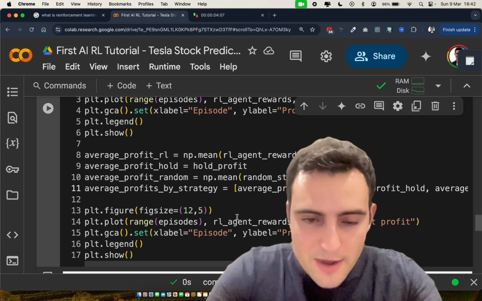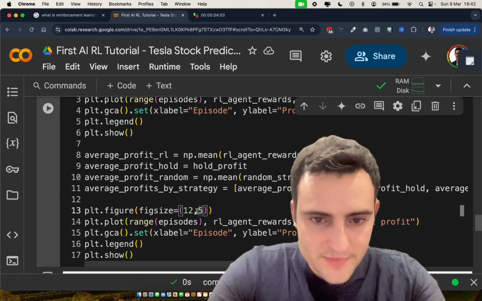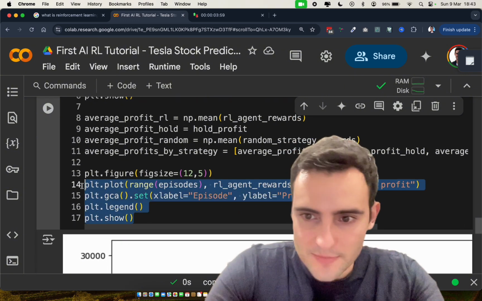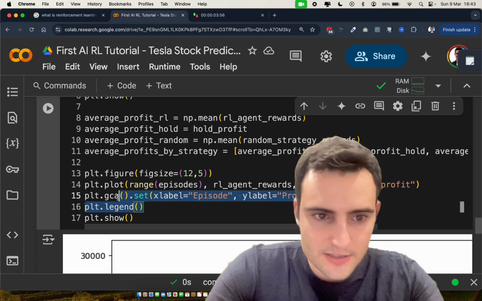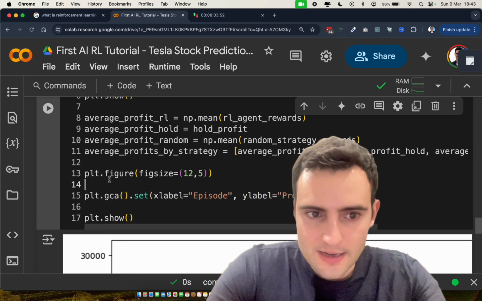So there we go. Now that we adjust this plot, what we have to look at is instead of plt.plot, we're going to do bar charts. So let me just remove this line and this line, and here I'll do bars.